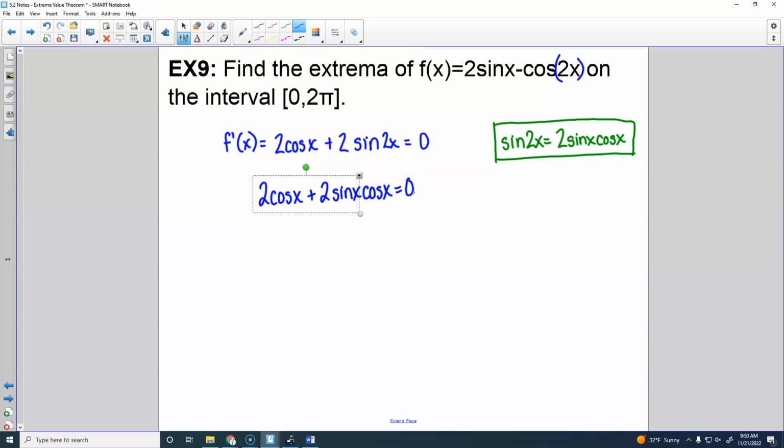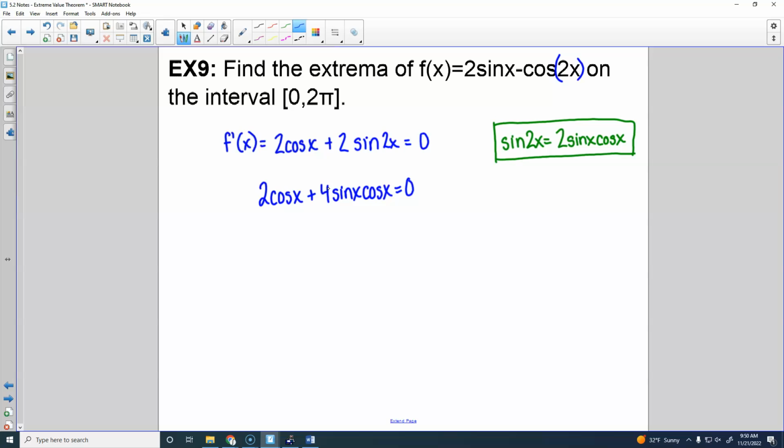What can I do after that? You're right, thank you. It will be 4, because of that 2 that's already out there. If you divide by 2 cosine x, it will cause you to lose some answers.